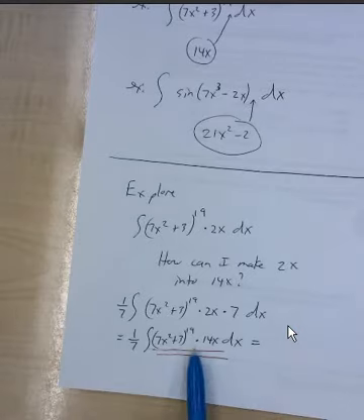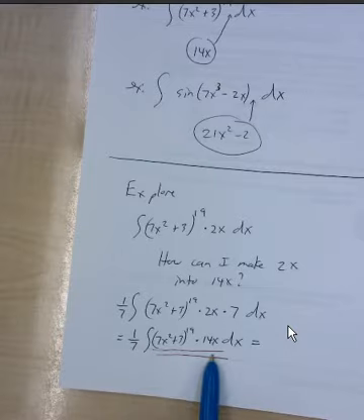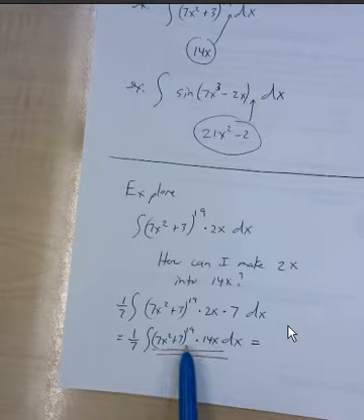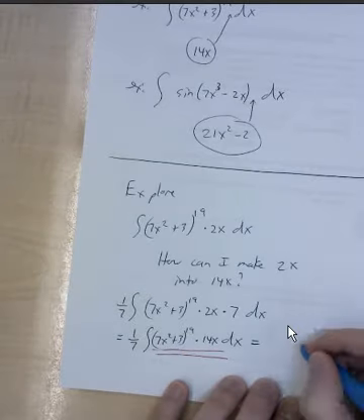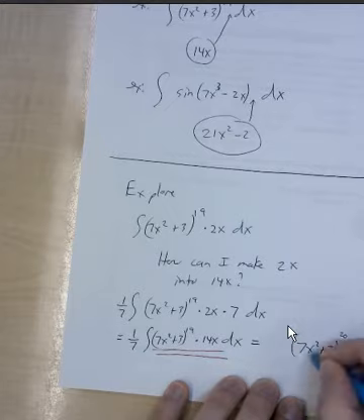This is a chain rule problem, right? Right, because there's the derivative of the inside. It's right there, 14x. So this is the derivative of, just this piece right here, I'm going to write over here. That's the derivative of 7x squared plus 3 to the 20th over 20 plus c.